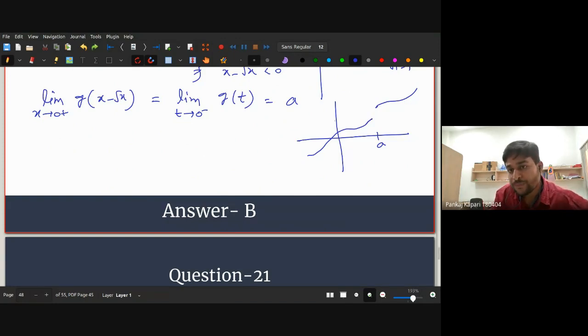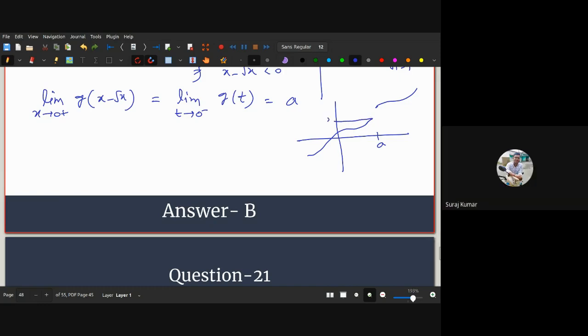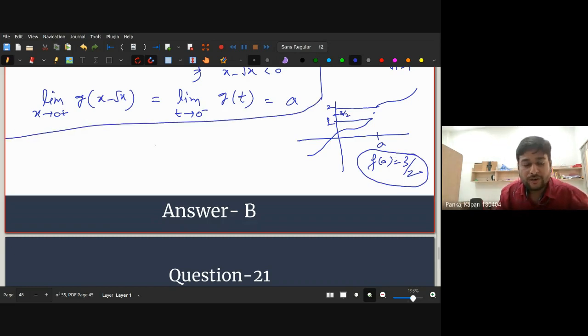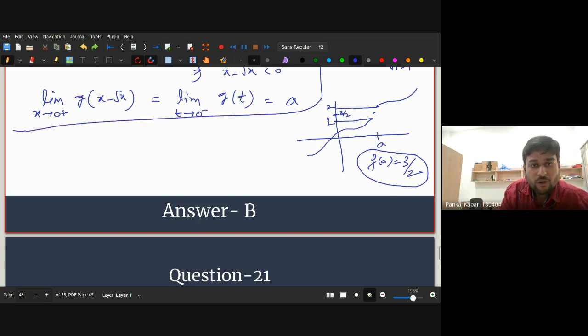Okay, so on the left hand side, let's say it's 1, on the right hand side, let's say it's 2, and we are defining f of a as 3 by 2, somewhere at this point. Okay, so the value of the function will not contribute anything to the limit. Even in this case, with the graph which I have drawn, if you take the limit when x goes to a from the left, this will be just 1.